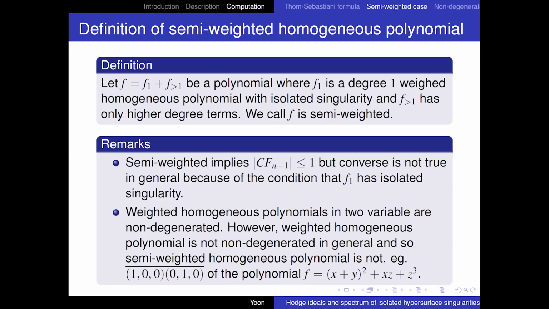But in the three-dimensional case, you have more faces, like in this case, the line segment from (0, 0) and (0, 1, 1). So semi-weighted homogeneous and non-degenerate cases are not equal to each other at all.